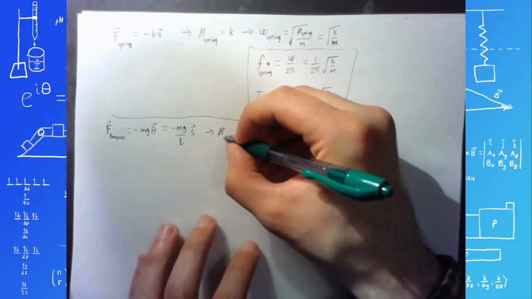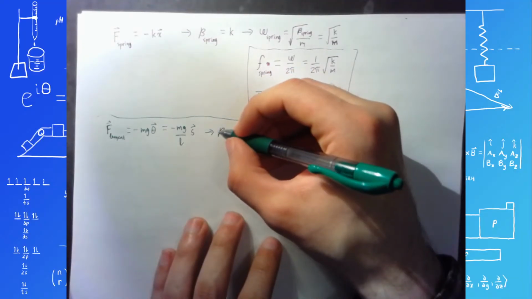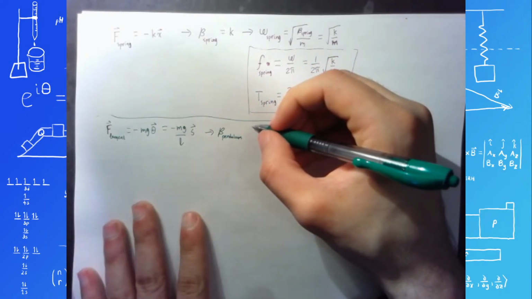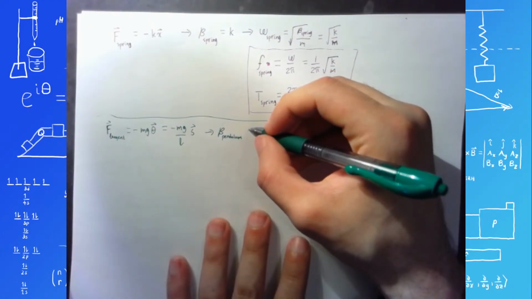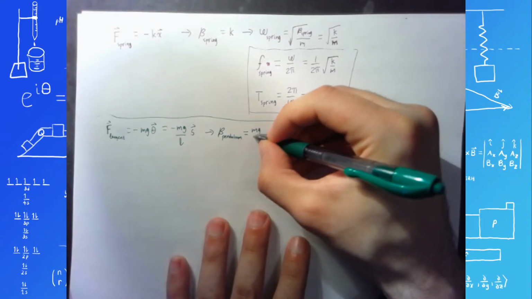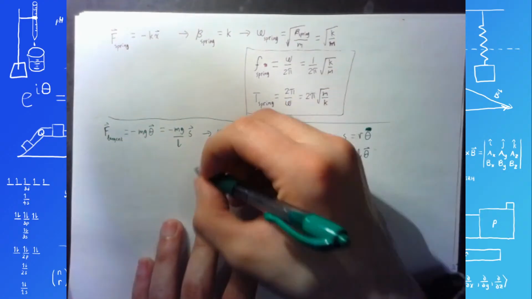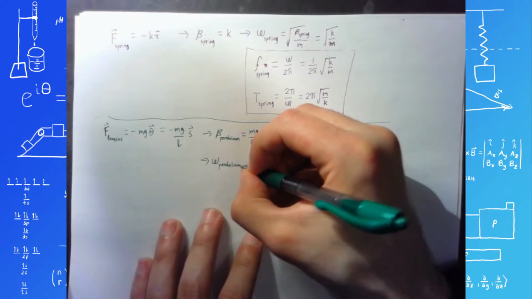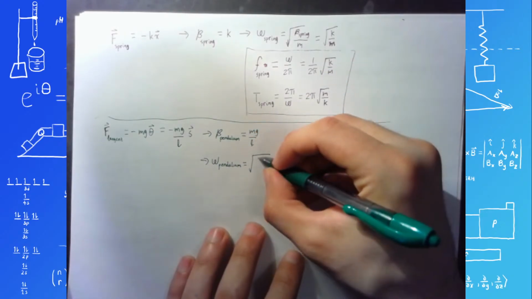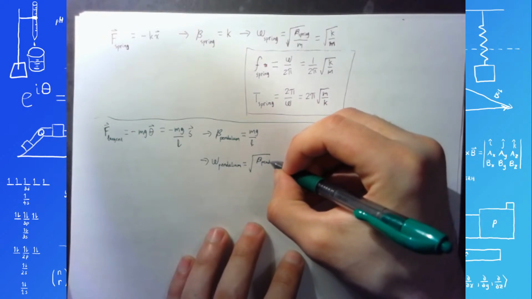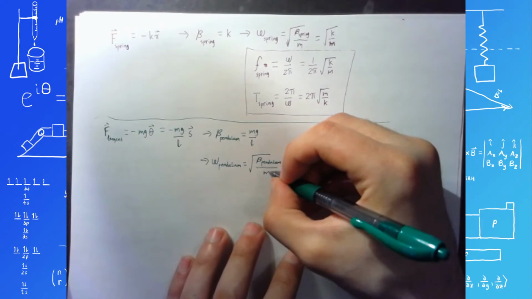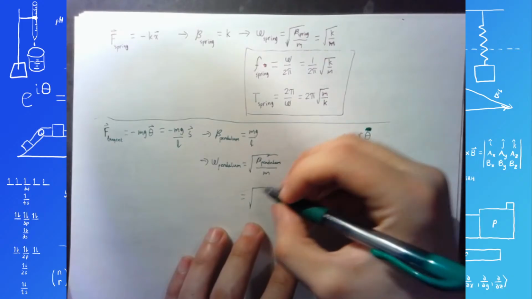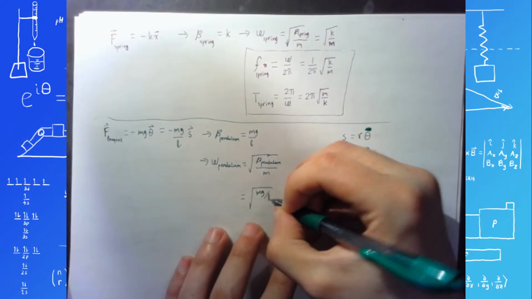Okay, here we go. And that tells me then that beta of the pendulum, the constant part of the pendulum restoring force, is mg over L. And then if I apply similar reasoning, that tells me that omega for a pendulum, the angular frequency, is the square root of beta pendulum over m, which equals the square root of mg over L over m.